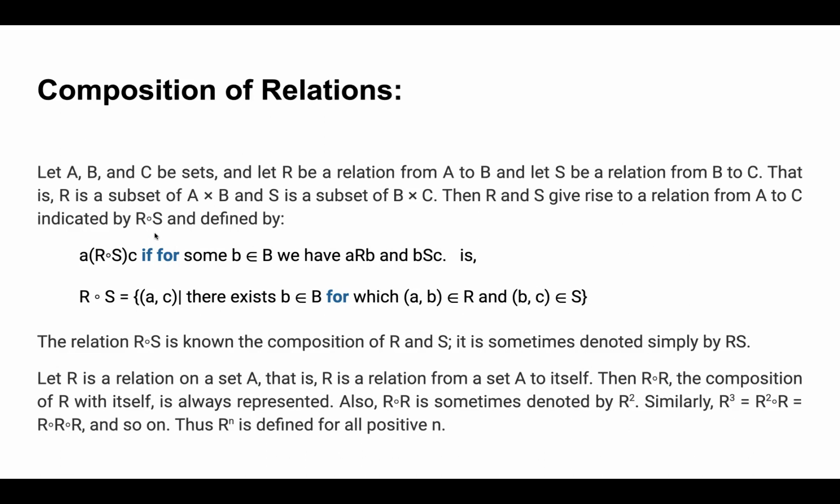See here again what it is. R is a relation from A cross B. S is a relation from B cross C, means B to C, and A to B is there.